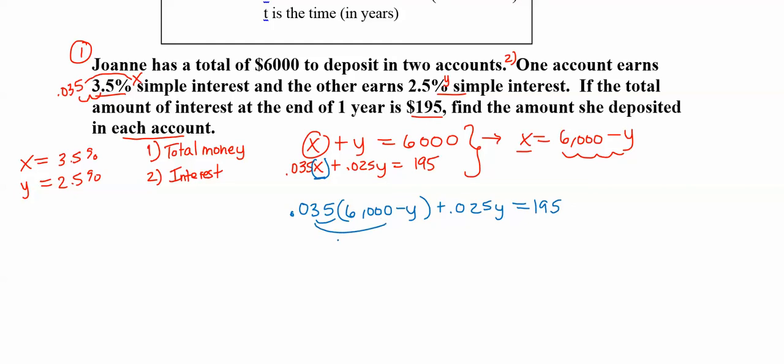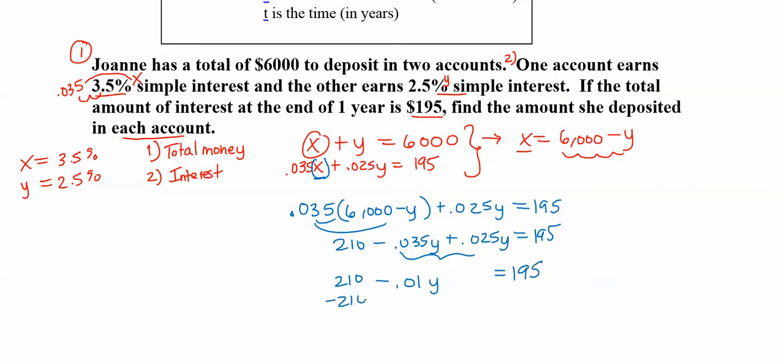Clear parentheses. So 0.035 times 6,000 is 210 minus 0.035y plus 0.025y equals 195. Let's add those y's together. So 210 and negative 0.035 plus 0.025 is negative 0.01y equals 195.